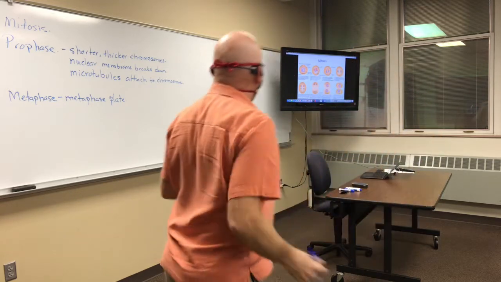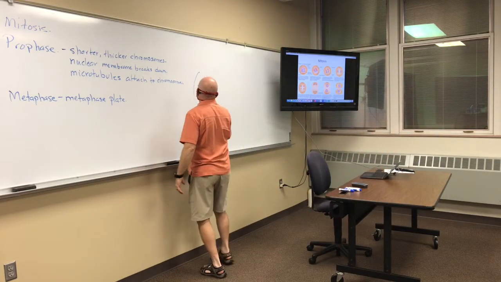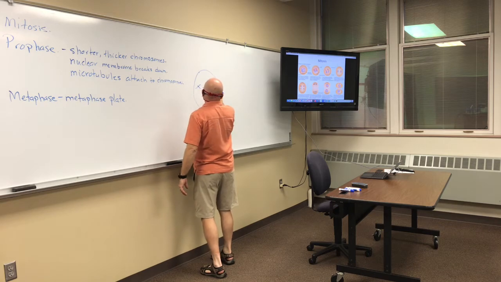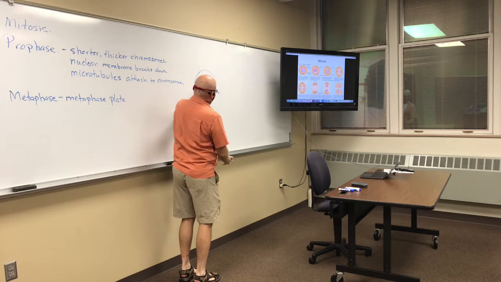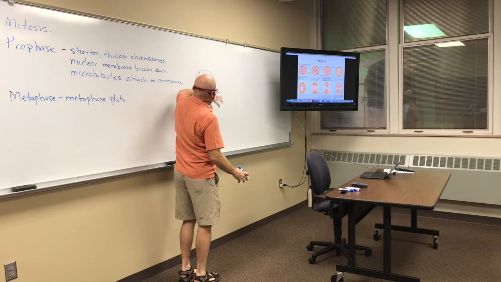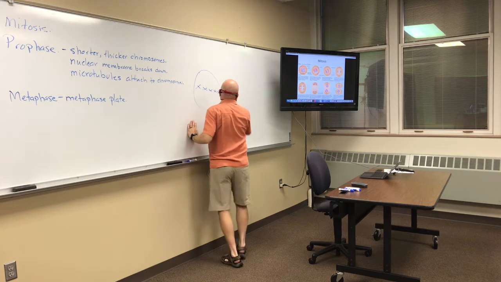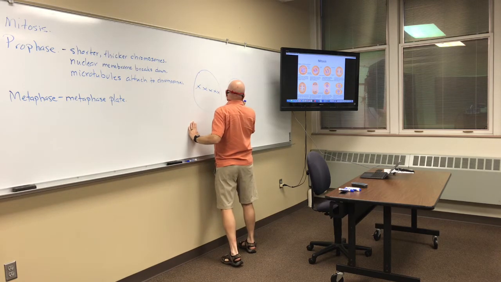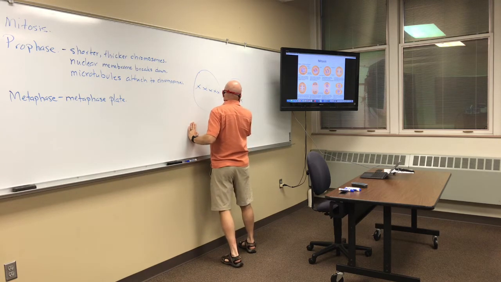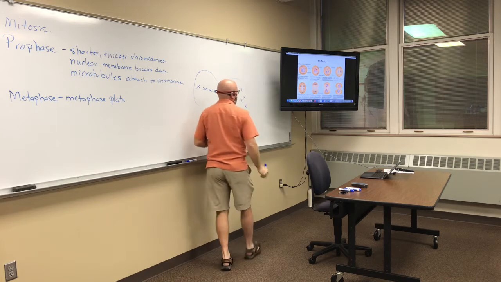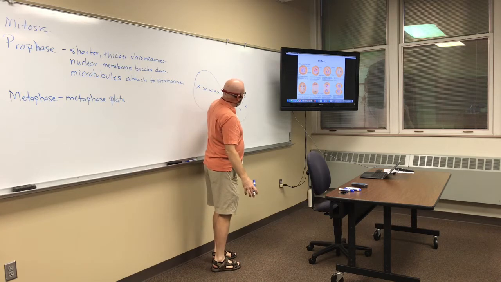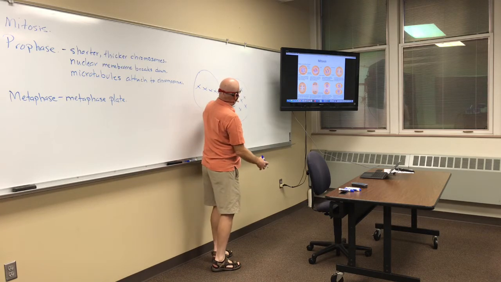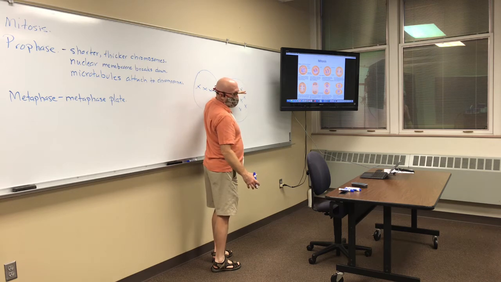If you were to take this cell that has these chromosomes aligned in a straight line, if you were to take this cell that is spherical and turn it towards the board, it would actually look like a bunch of randomly spaced chromosomes. But if you took this and turned it towards you, these chromosomes would slowly end up being in this plate, this three-dimensional plate.